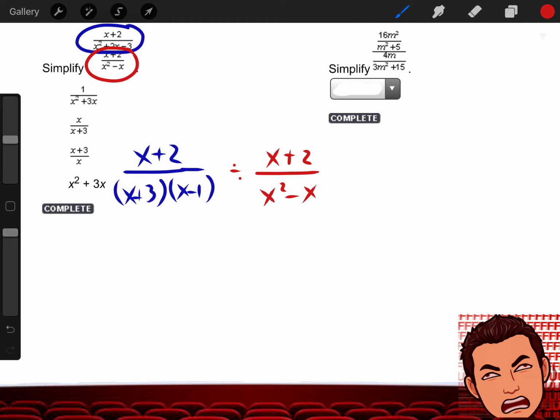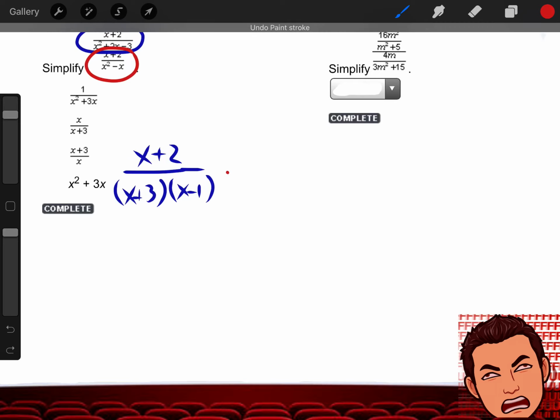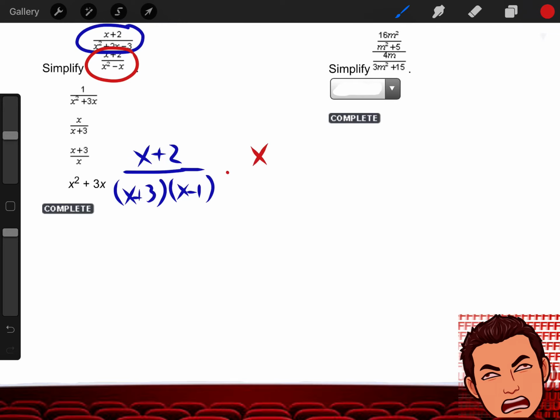So next thing I want to do is change the division sign to multiplication sign, and rewrite the second fraction as a reciprocal. Okay, so that's going to look like, oops, x squared minus x on top over x plus 2.